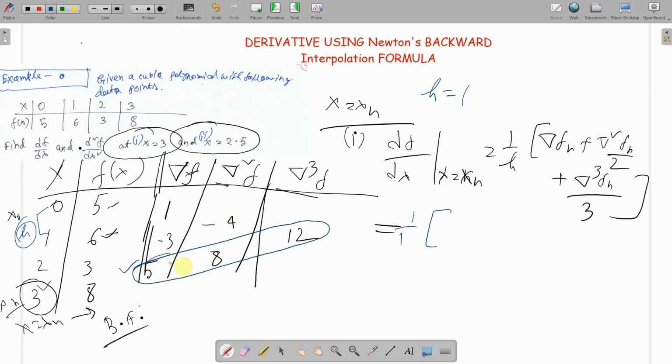Okay, so this will be your nabla f value, this will be your nabla square f value, this will be your nabla cube f value. So 1 by 1 times 5 plus 8 by 2 plus 12 by 3. How much are you getting? 5 plus 4 plus 4, 13. Yes.